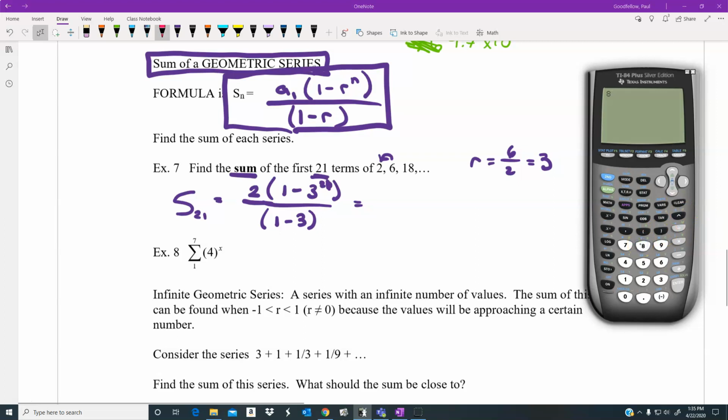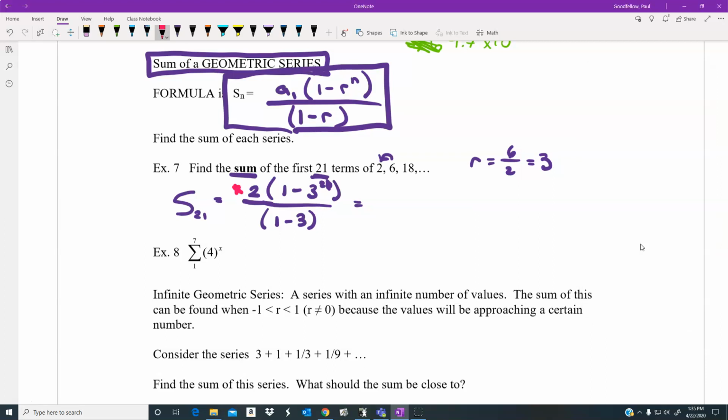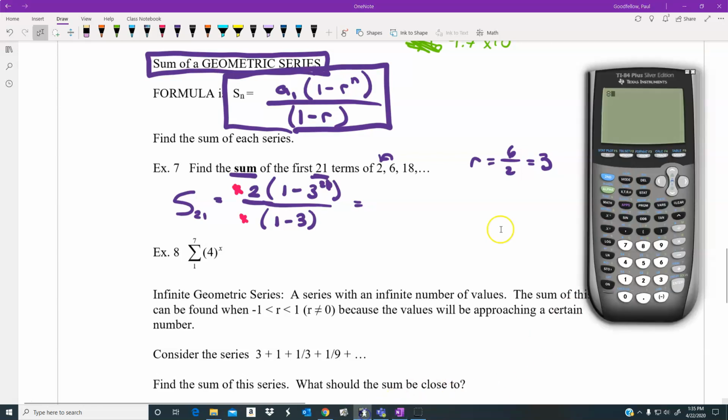My biggest key here would be do the top first and then do the bottom second. That's the easiest way to plug these guys in. People who try to plug it all in one shot end up screwing up their parentheses, and it ends up being ugly for them. So 2 times 1 minus 3 raised to the 21st power. Now, once you're done with that actual power, come back down and close your parentheses.